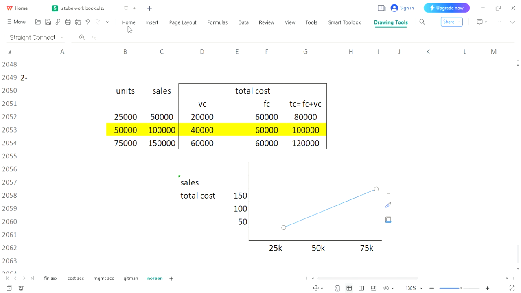Number of units you can see 25,000, and then you will put your variable cost. Again I'm selecting a shape. So first 25,000 and 80,000. 25,000 is here, 80,000 would be just like here, and then you will go for the last, 75,000 and 120,000. 75,000 is here, and 120,000 would be just like over here.